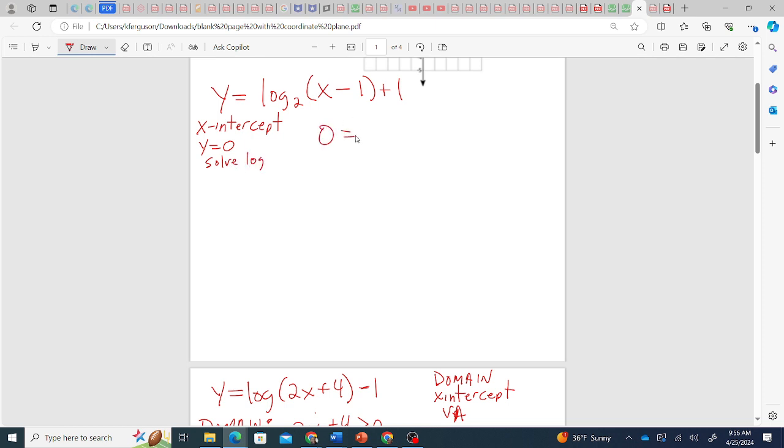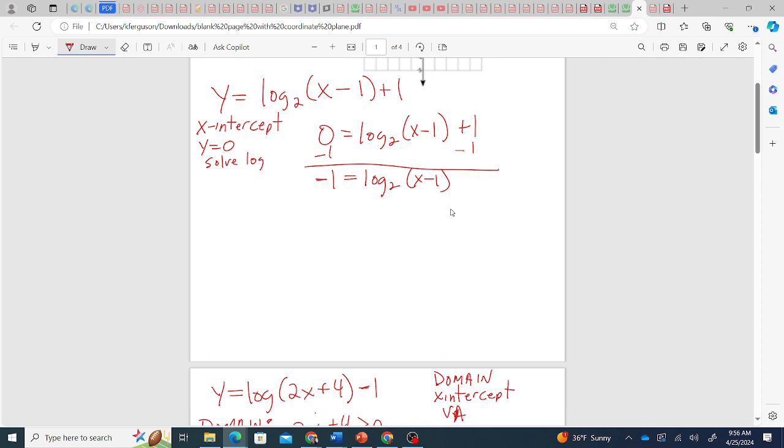So 0 equals log base 2 of x minus 1, plus 1, right? What's my next step? Subtract 1 from both sides. So now I got negative 1 equals log base 2 of x minus 1. Now what's my next step?